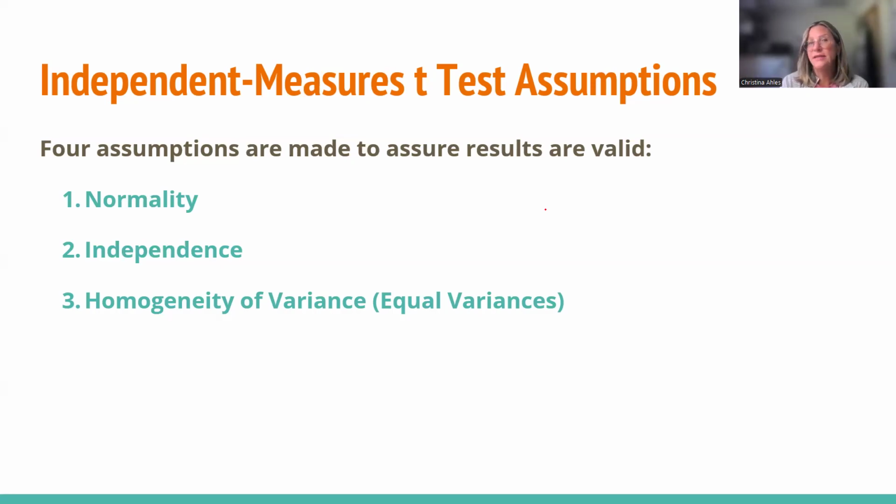So we actually have to test for homogeneity of variance. If we don't meet these assumptions, then more than likely our results are invalid. That's just to let you know how the independent measures t-test is influenced by these factors when we're designing research analysis for testing a hypothesis in a study.